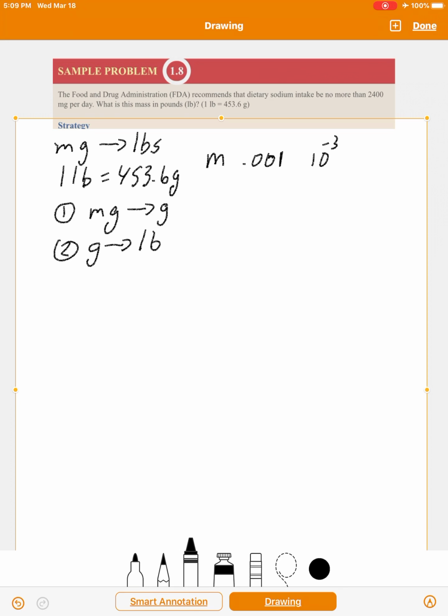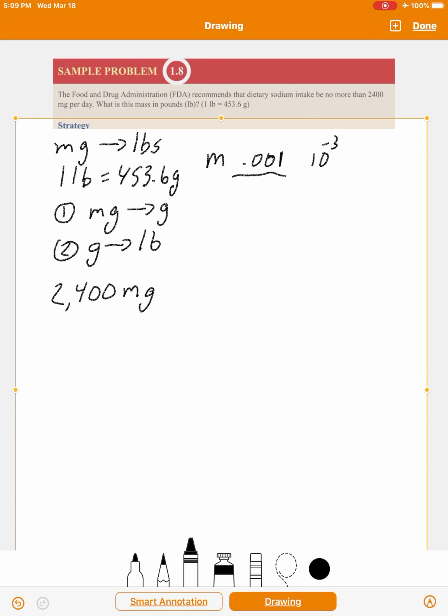So let's do the first step. We have 2,400 milligrams of sodium. We're going to convert this to grams. Here's what milli is, 0.001.